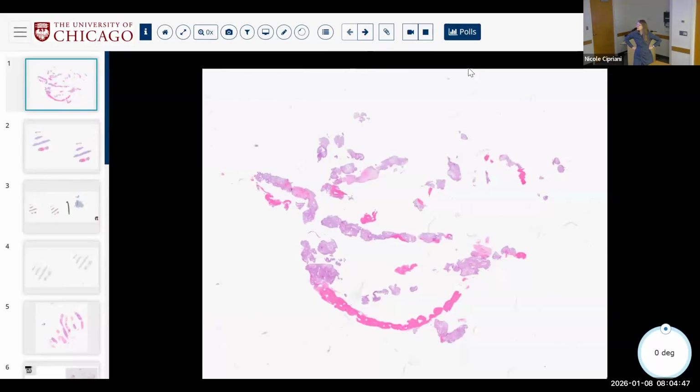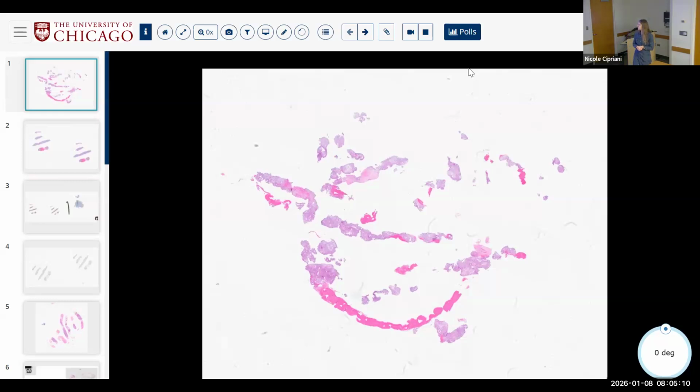As I said in the email, preview them or don't, low pressure, low stakes. But I want you to be able to describe the morphology of what we're seeing, say whether you favor benign or malignant, give some sort of differential, and say what immunoprofile you would use to work these cases up.